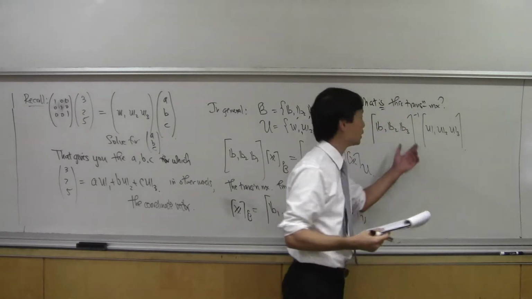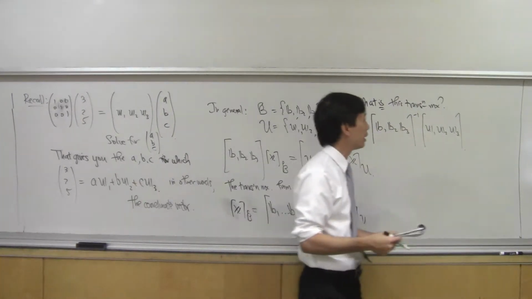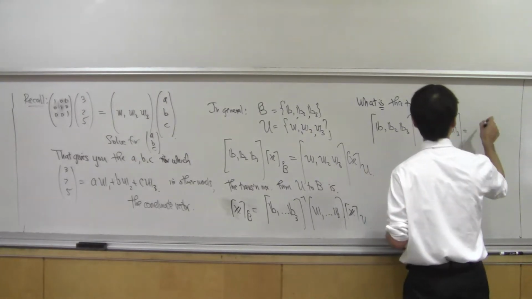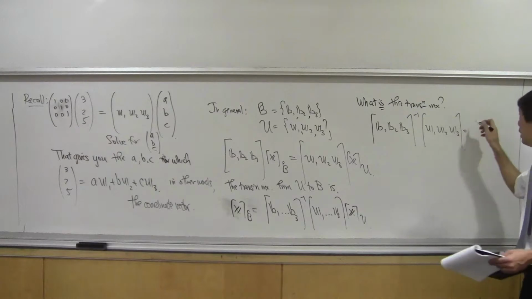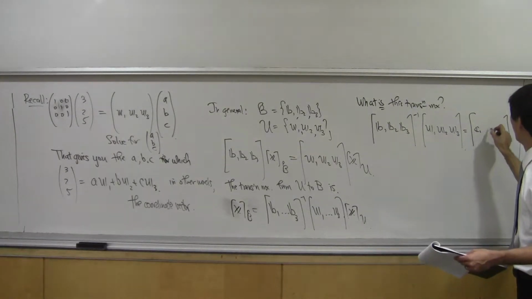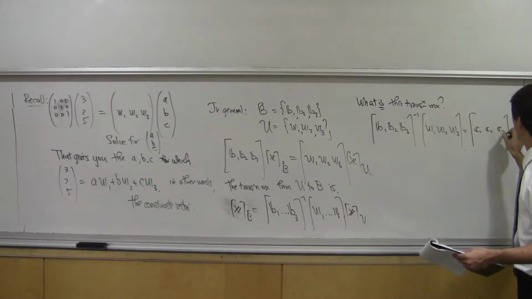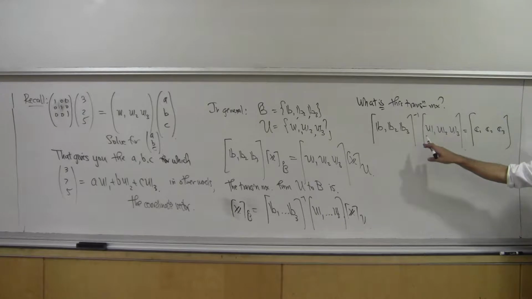I'm just going to do it for R3, but this could be for Rn. And this is going to be some matrix. Let's call the columns of that product C1, C2, and C3.